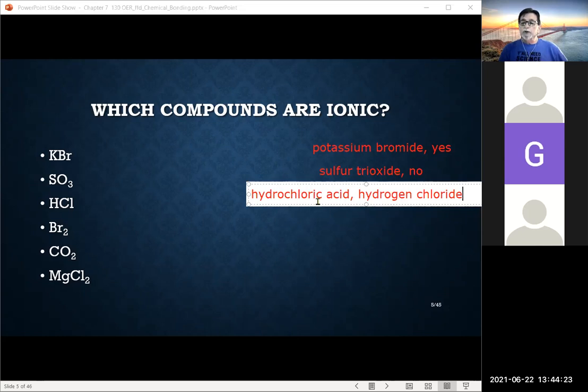Muriatic acid has to do with the concentration. I used that a lot back in my construction days. They use muriatic acid, just a different concentration, and they gave it the name muriatic acid.